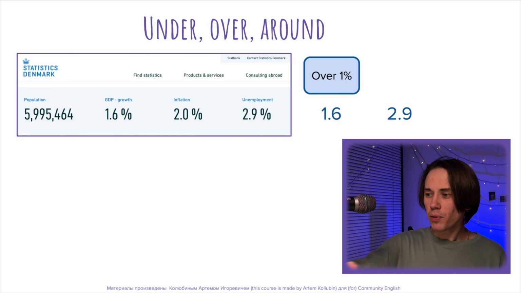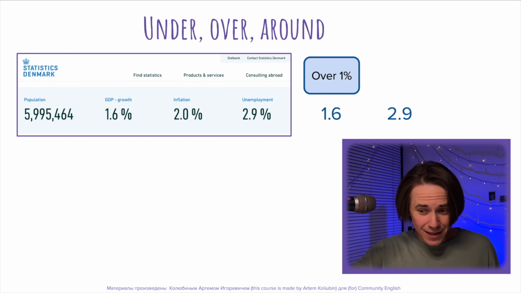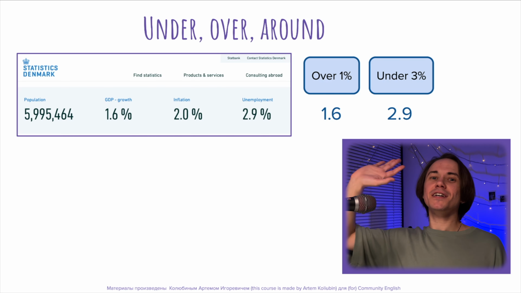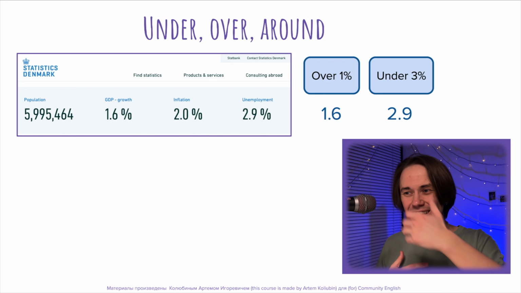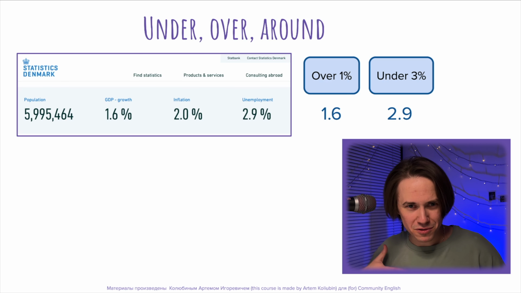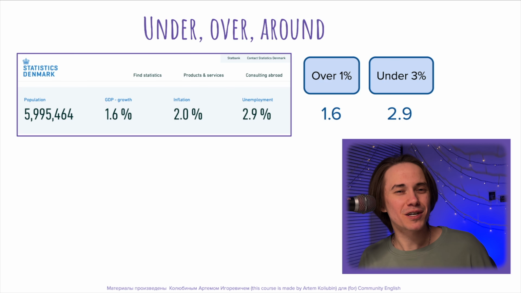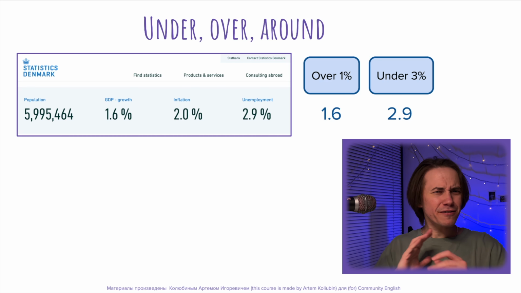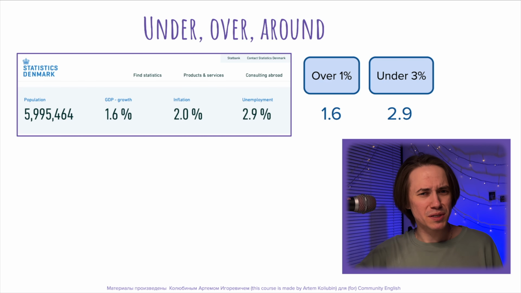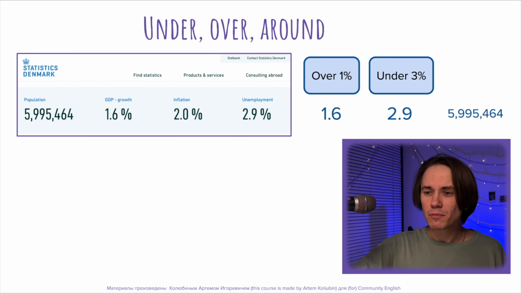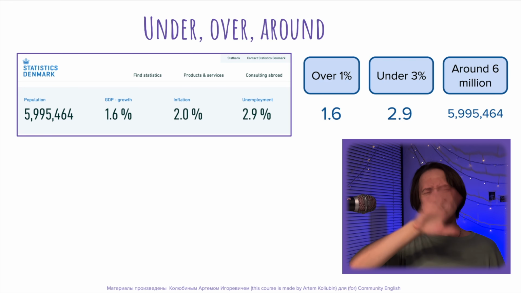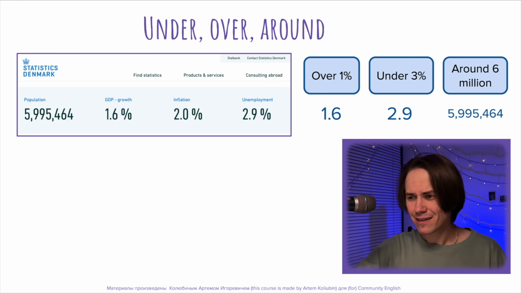Then here, 2.0, it's basically free, right? So what you can say, because when you say under, it means it's not free, guys, right? And it's about unemployment, so we want to present Denmark in a complimentary way. So unemployment is under 3%, 2.9 to be specific. And again, when we talk about population, that's a terrible number. Just say around 6 million, right?